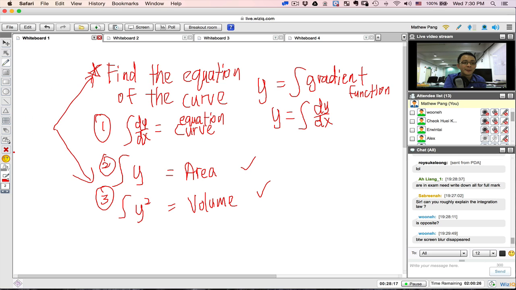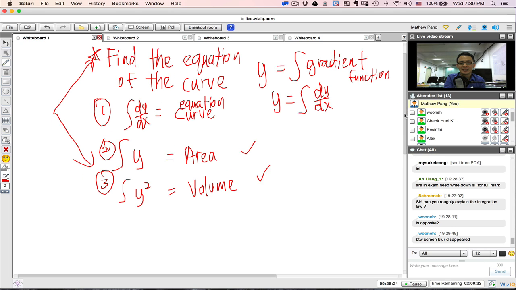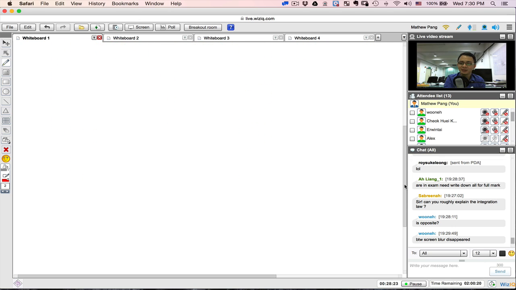Alright, then we will go to the integration law. We actually have a few laws here, but I will only say the important one, so as not to confuse you. For the integration law, we have something like this.